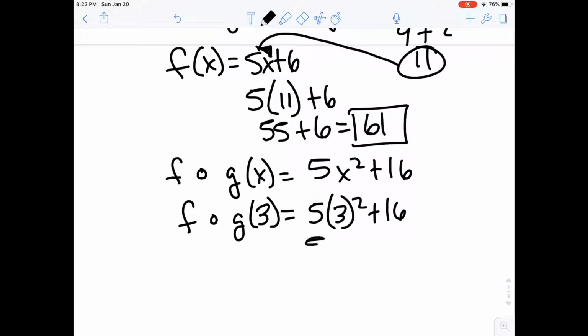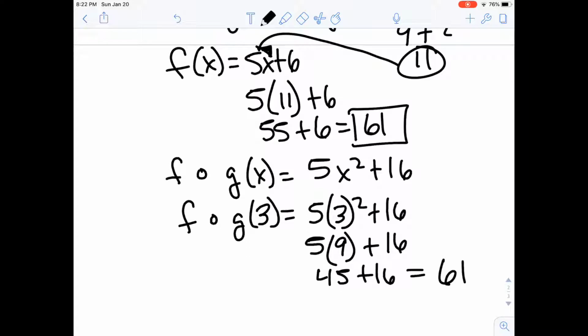Now it's just a PEMDAS problem. So that's 9 plus 16, 5 times 9 is 45, plus 16. 45 plus 16 is 61.